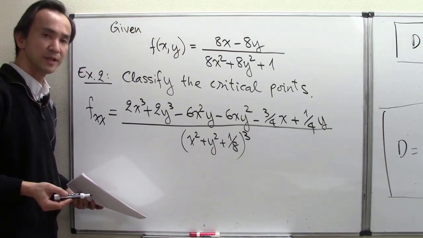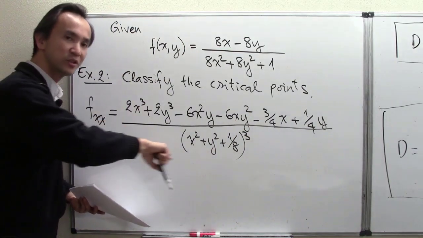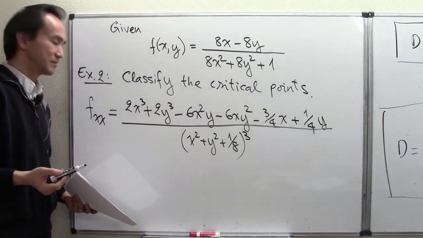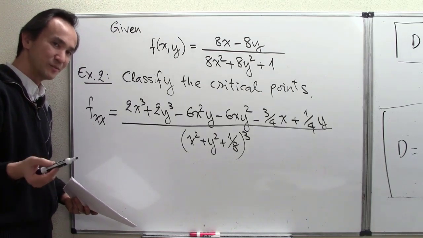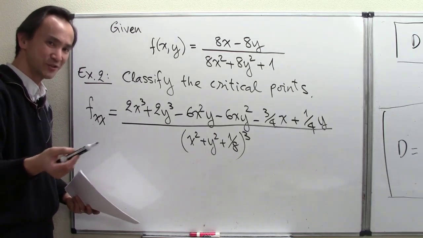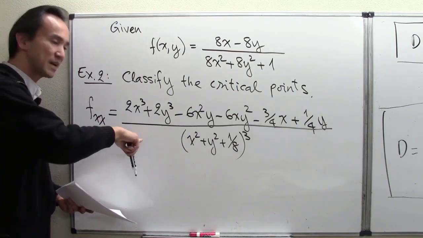I highly recommend that you pause the video and do your own work to make sure you agree with my f_xx here, and convince yourself that you are able to carry out the steps on your own.